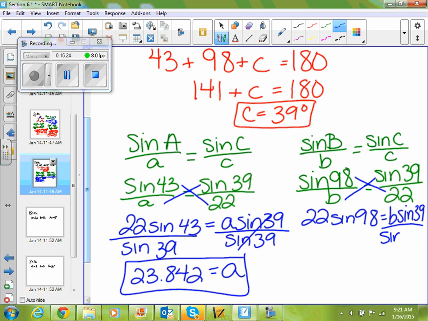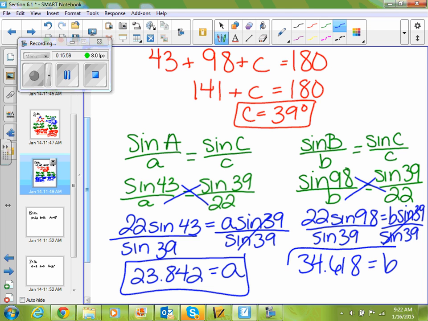Then if I divide by sine of 39, 22 sine of 98 gives us approximately 21.786. If you divide that number by sine of 39 in your calculator, you get approximately 34.618.